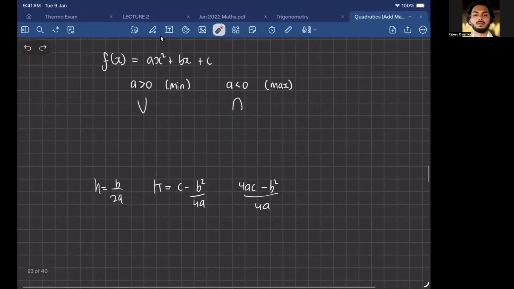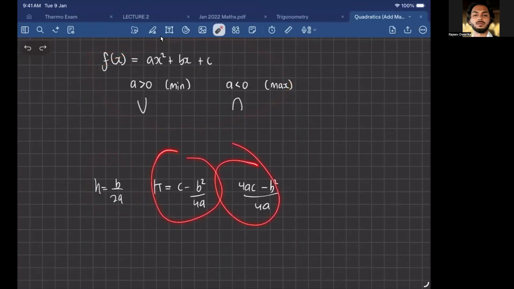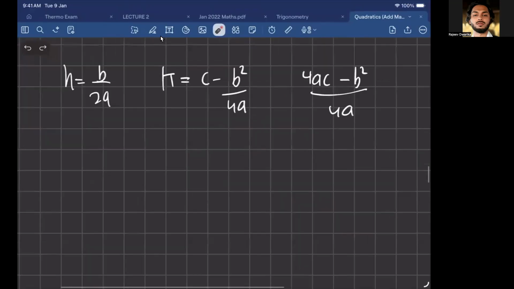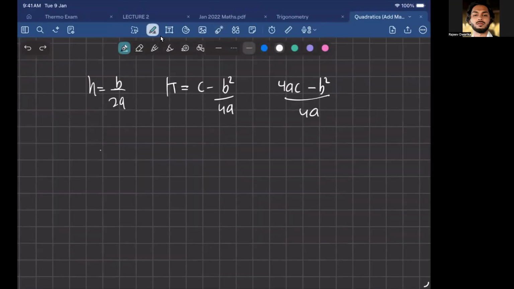Okay, so we know what this is. Great. We know that this is H, this is K. If I wanted to figure out the maximum or the minimum turning point, what would give me that?